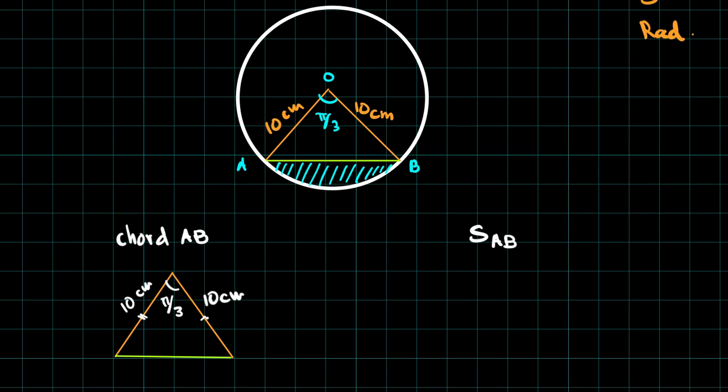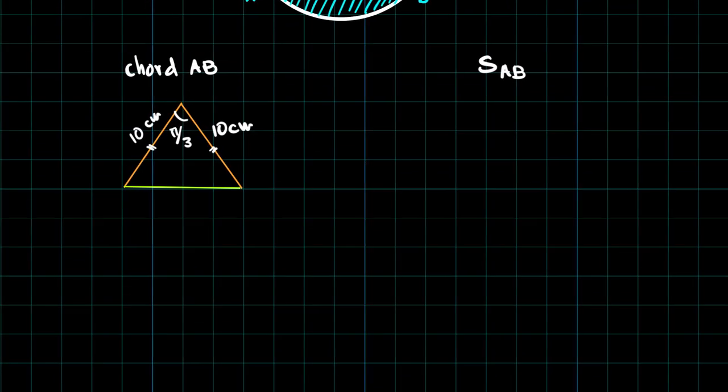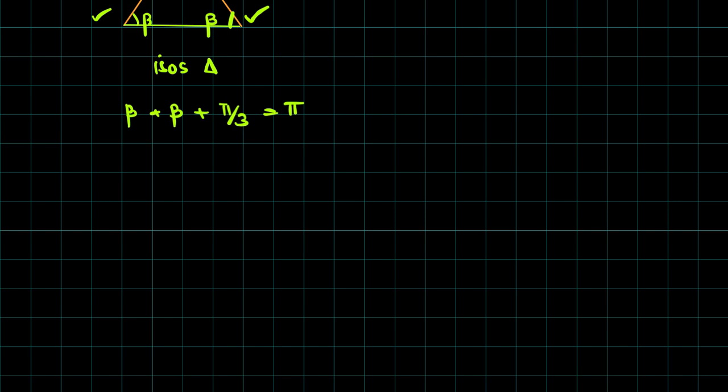It's an isosceles triangle. So if this angle is pi by 3, and let me call this angle beta, and this angle is beta, because of the isosceles triangle these two angles are the same. So beta plus beta plus pi by 3 is equal to pi, adds up to 180 degrees. Now we will be using pi radians instead.